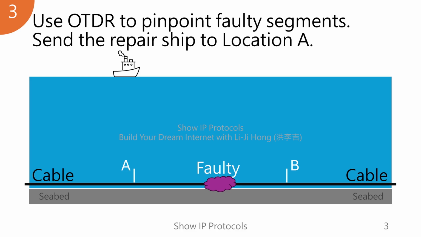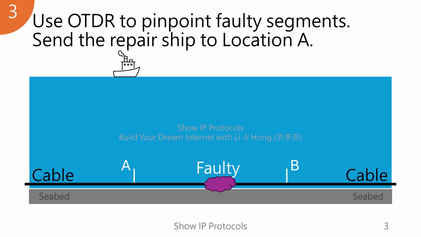3. Use OTDR to pinpoint faulty segments. Send the repair ship to location A. Optical Time Domain Reflectometer (OTDR) is a device for us to measure the distance from fiber ends to the fiber core breaks.